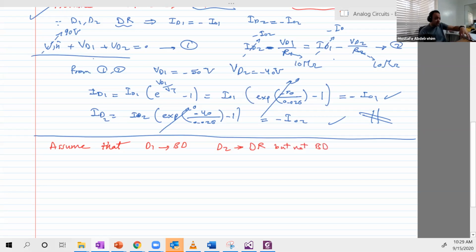By the way, this was correct for the other example in number 2 when V input is equal to 110. But anyway, let's disprove this. If we assume D1 is in breakdown, then VD1 should be minus V breakdown, so minus 100.